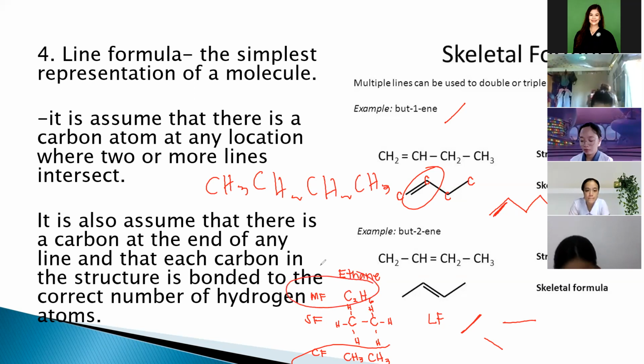Mahirap kasi gumamit ng molecular formula sa organic chem kasi hindi natin nakikita yung bonding. Hindi din natin alam kung may double bond ba siya or may triple bond. And medyo time consuming and effort, masyadong may effort ang paggawa ng structural formula, and minsan nakakalito si skeletal formula, kaya mas ginagamit talaga si condensed formula.